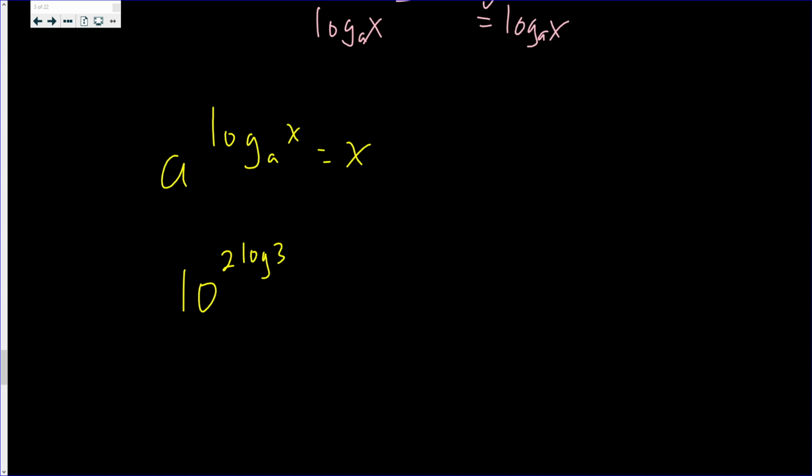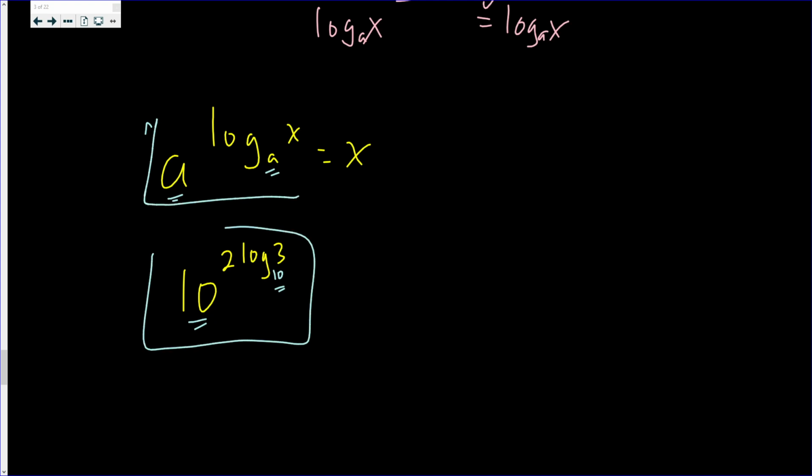Keep in mind that there's an understood 10 here. So these are the same, just like those are. The thing is, this here is not in this form. There's no number over here.